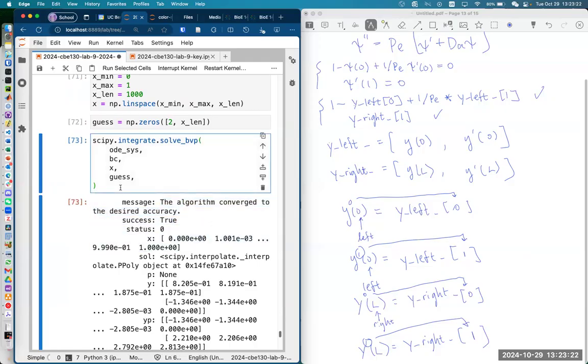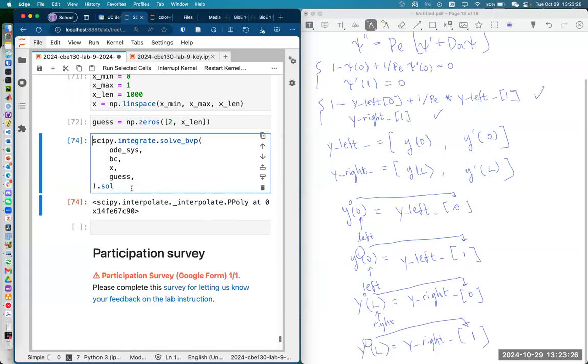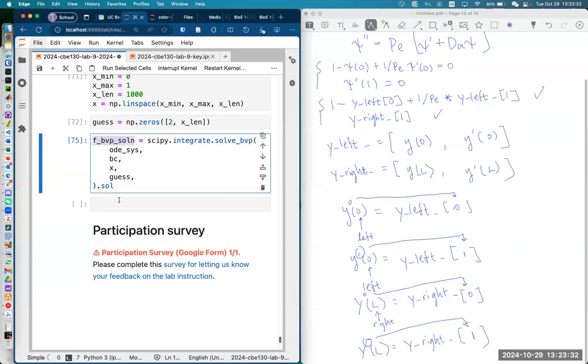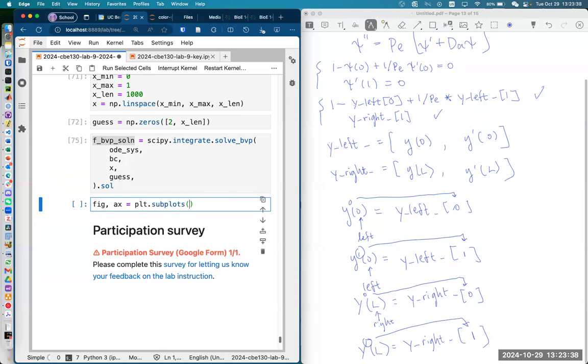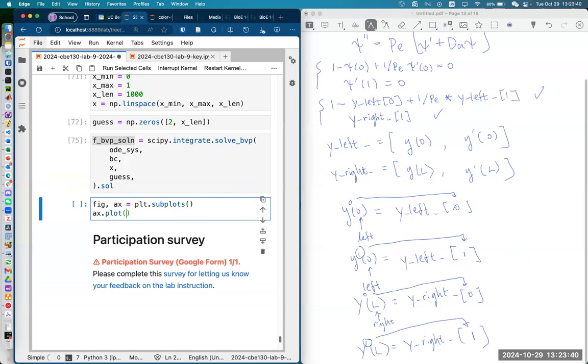And what we are interested in is the solutions, .sol. So this is the BVP solution function. And we can plot these. So fig, ax is equal to plt.subplots, ax.plot x and evaluate the BVP solution at x, and label this with the Peclet number.